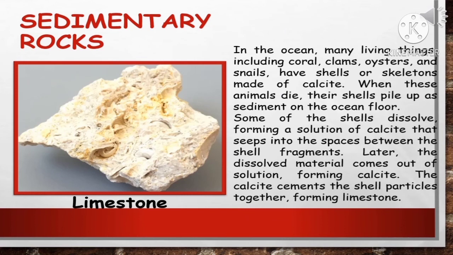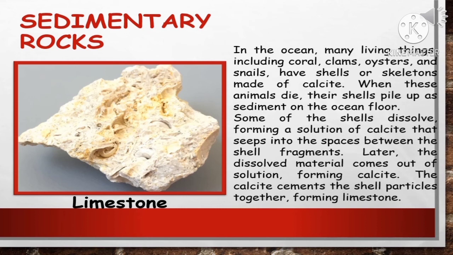Another organic sedimentary rock is limestone. Ayan. So, alam nyo po yung kaninang picture ko dun sa Kapurpurawan Rock Formation sa Ilocos. So, ang rock formation na yon is a limestone formation. So, that is a sedimentary rock. So, paano ba nabubuo ang limestone? In the ocean, many living things, including corals, clams, oysters, and snails, have shells or skeletons made of calcite.